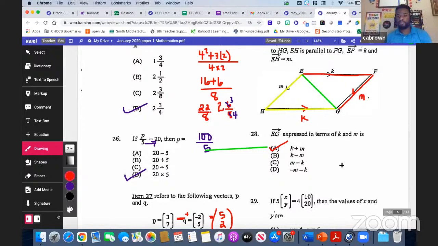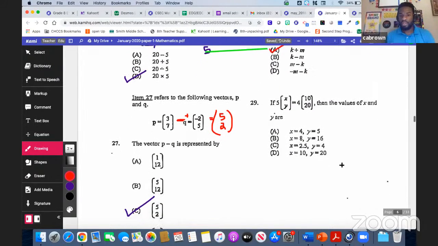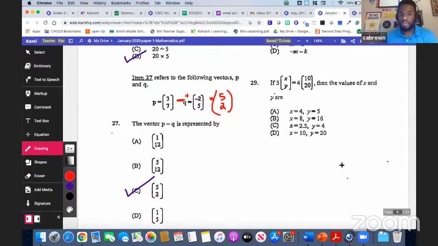29. If 5xy is equal to 4, 10, 20, what is the value of x and y? Let's see if we can simplify this. 5xy means 5 times x and 5 times y. So 5x and 5y. 4 times 10, that's 40.